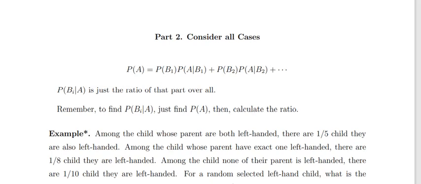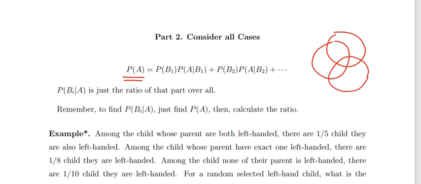Once we separate everything into parts, when we check a probability, there's a probability for all. If we separate all people into three parts with no overlap, then we need to check this part, this part, this part, right?